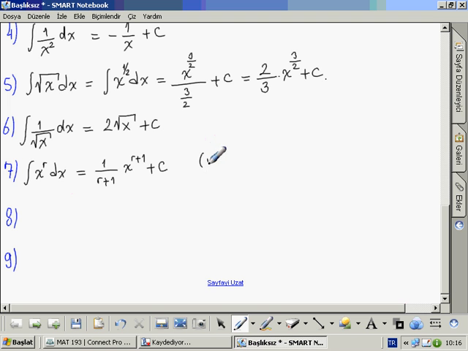and r is not equal to minus 1, because the denominator would be 0.